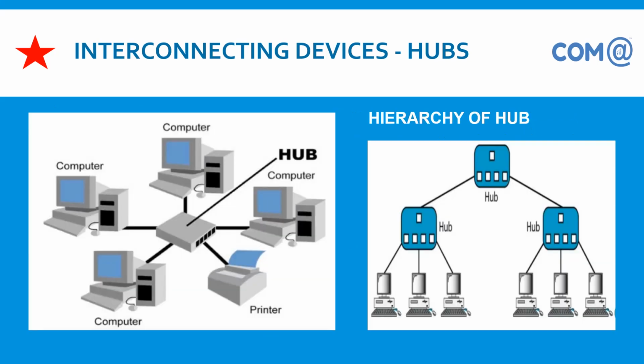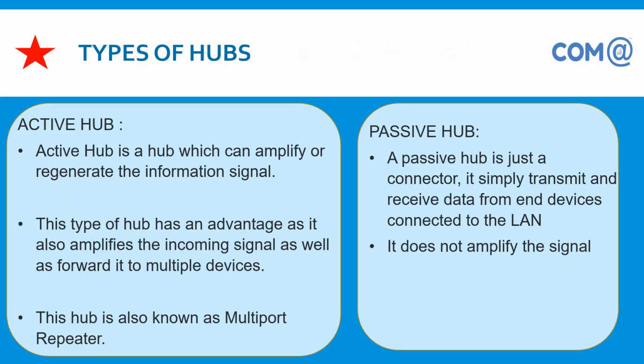It is just for connecting multiple systems. Basically, this falls under star topology, and this is how we can connect a hub with multiple systems and resources also, like printers, scanners, any kind of networking devices. We had two different types of hub: one is the active hub and the other is the passive hub. Active hub, by name, is very active.